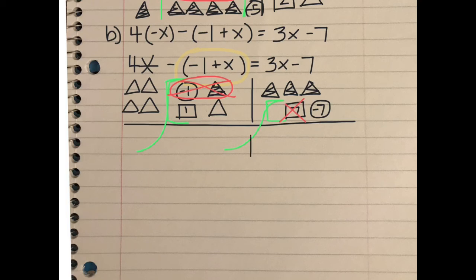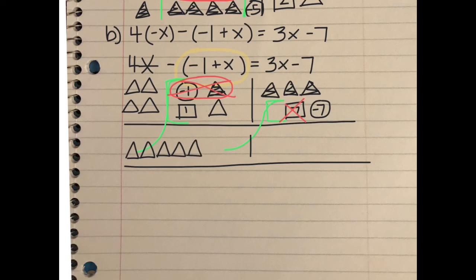Now it's time for a rewrite to reorganize. We've got 5 stars on the left and a 1. And we've got 3 x's and a negative 7 on the right.